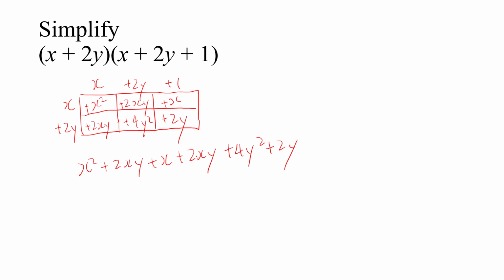Now, we will group the like terms together, and I will have x squared plus 4xy plus x plus 4y squared plus 2y. Yep, this will be the answer.